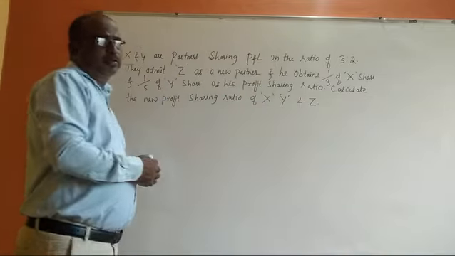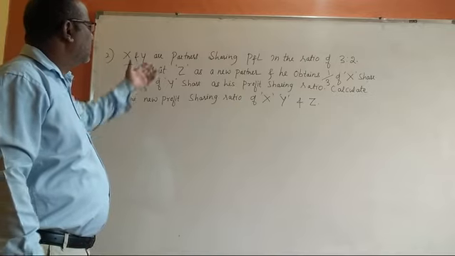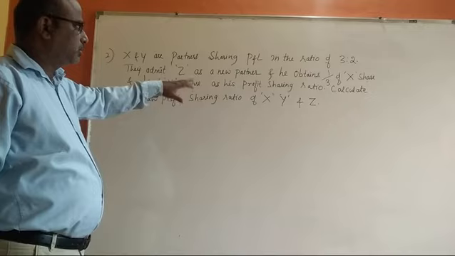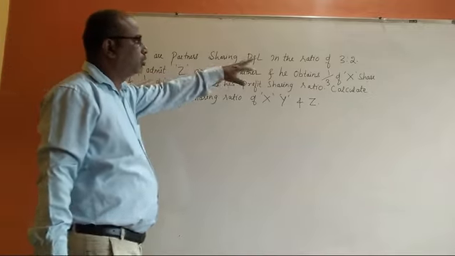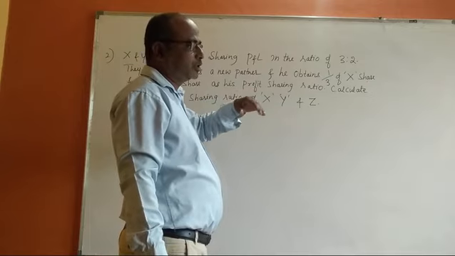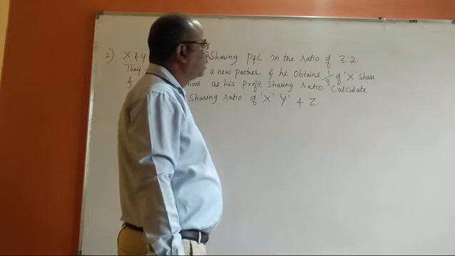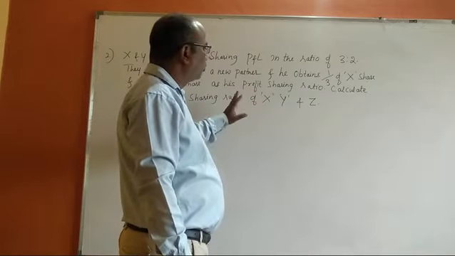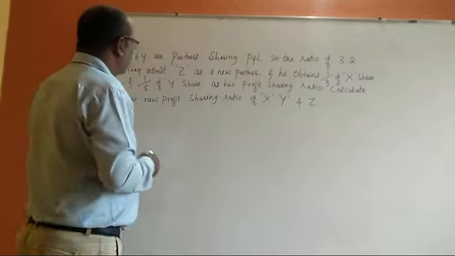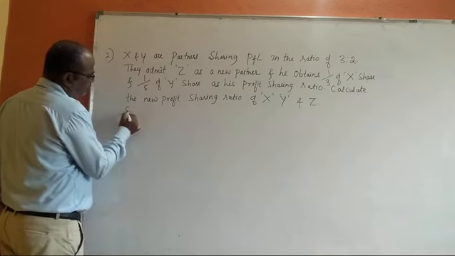So this is also based on fourth method. So here also the new profit sharing ratio of Z is not given, and he obtains 1/3 of X's share and 1/5 of Y's share to form his profit sharing ratio. So let us calculate now the new profit sharing ratio of X, Y and Z in this case. So here, solution.